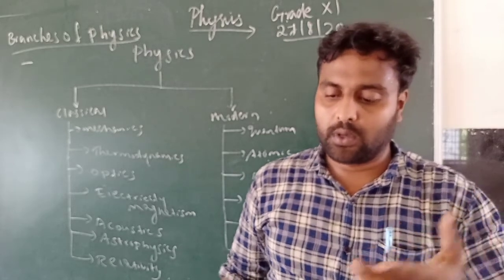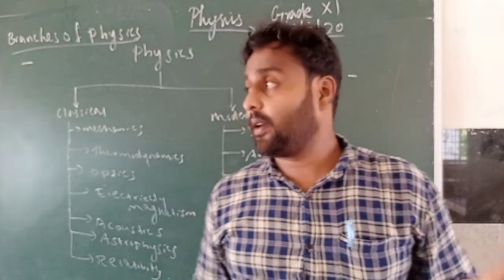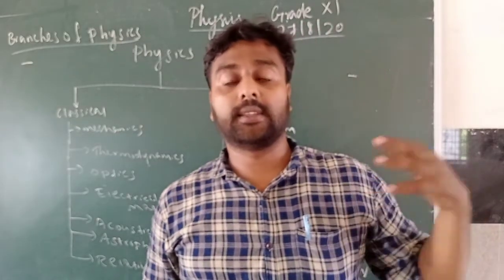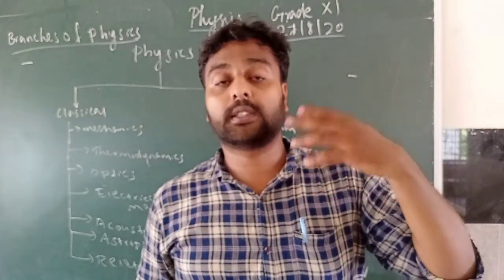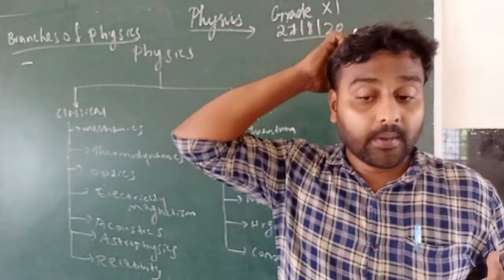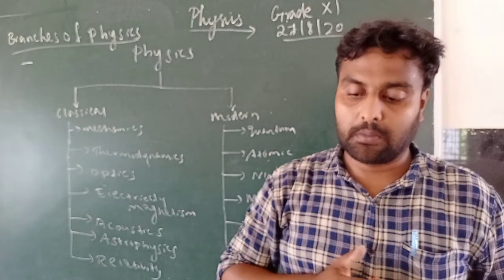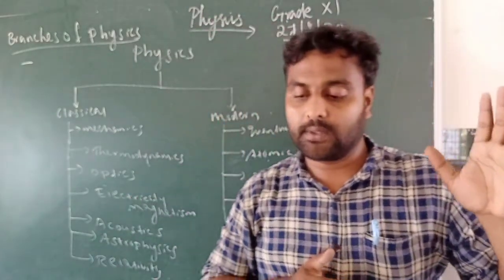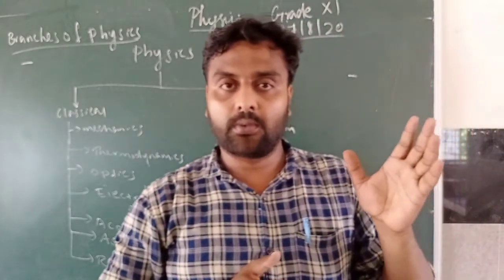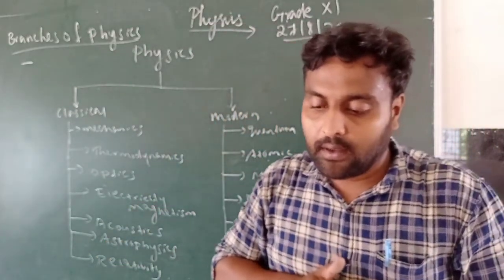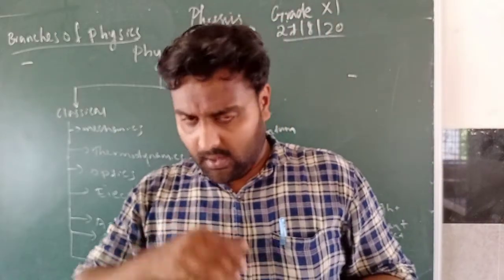Many of you know about this. And here we are studying the relationship between space, time, and energy. You can see in that textbook, page number 4. It is a branch of physics which deals with the study of the relationship between space, time, and energy.